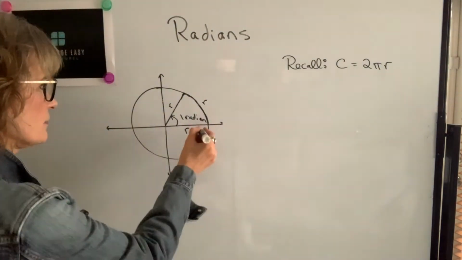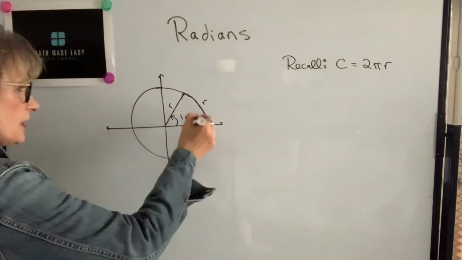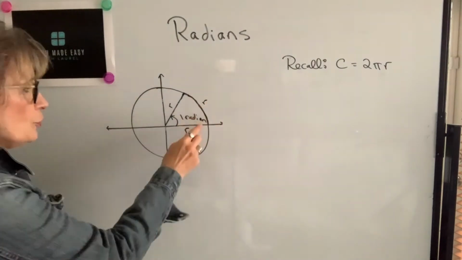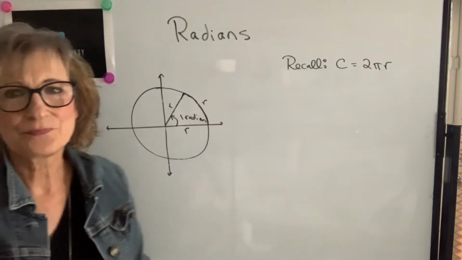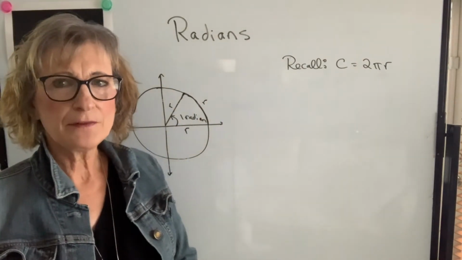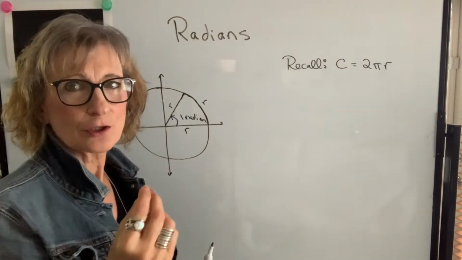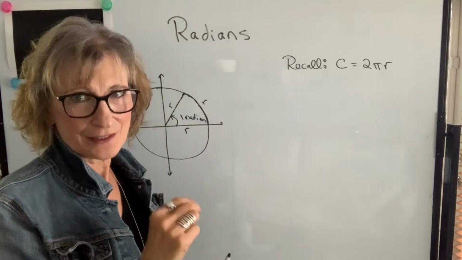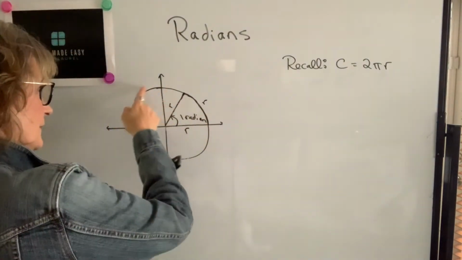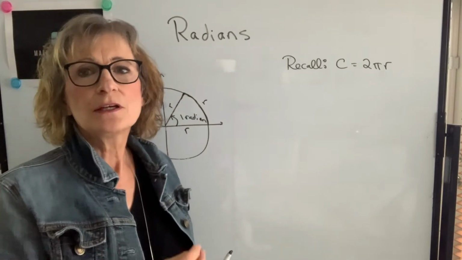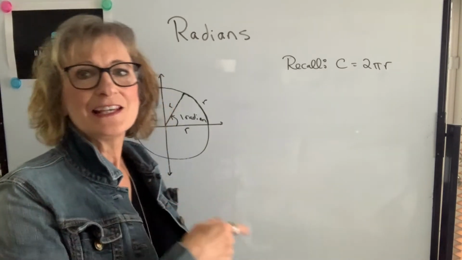So the distance around the whole circumference of this circle is 2 pi r, or in other words, there's 2 pi of those lengths there. Similarly, when we think about the amount of rotation, just like there are 2 pi times the radius in a circumference, the total distance around a circle, there will be 2 pi radians in one revolution.